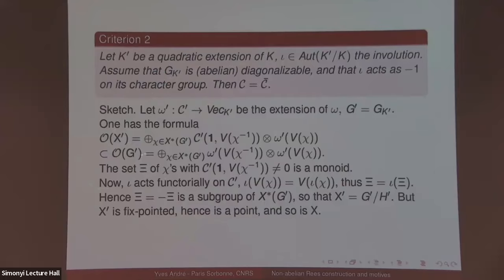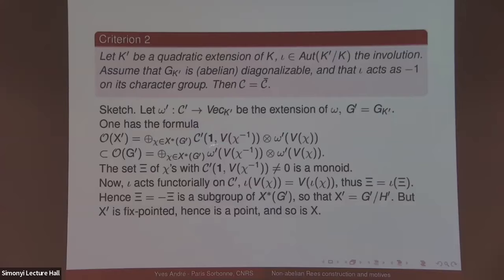And I have my formula, which here simplifies because this was the sum of all indecomposable objects, or irreducible representations of G', but they are all characters. This is diagonalizable, so I index the sum by the characters of G'.